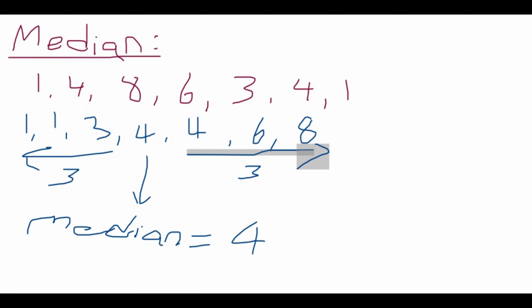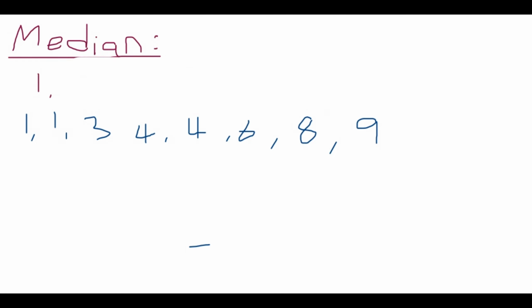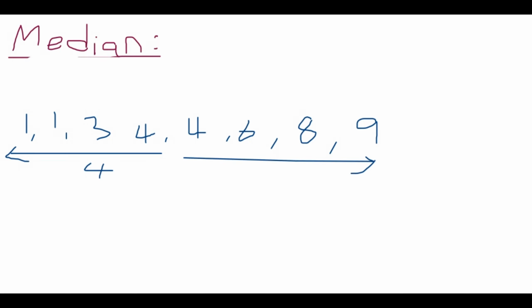Let's try another case study. If, for instance, we add 9 to the set, which is here. If we add 9 to the set of numbers that we have, and we are asked to locate the median, how would it be? If you count from the left hand side, we have the first four numbers at the left, and we also have four numbers at the right.